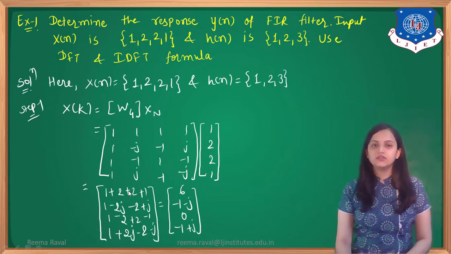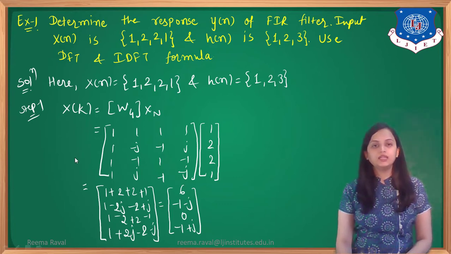If you multiply this, the first row will be 1 into 1, 1, plus 1 into 2, 2, plus 1 into 2, 2, plus 1 into 1, 1. Same way the second row will be 1 into 1, 1, minus j into 2, minus 2j, minus 1 into 2, minus 2, plus j into 1, j.